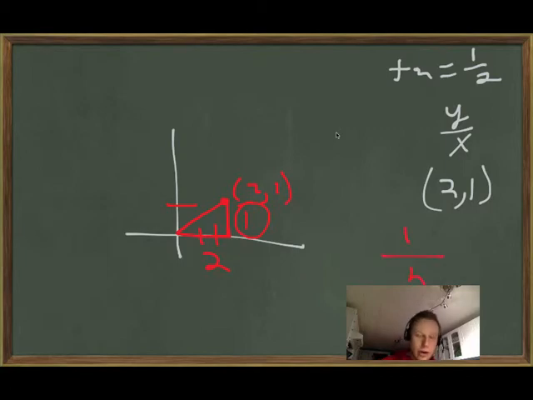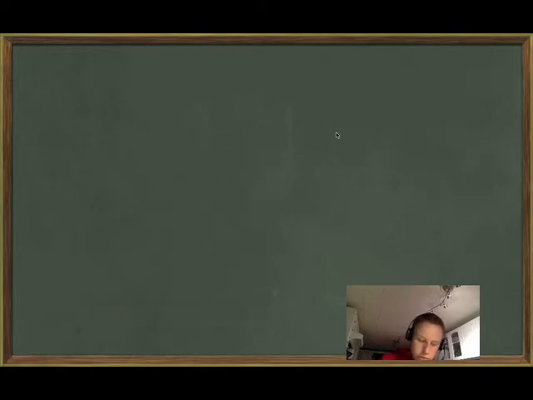To find our hypotenuse, we use a squared, which is 1 squared, plus b squared, which is 2 squared, equals c squared, our hypotenuse squared. 1 squared is 1, plus 4 equals h squared. So 5 equals h squared. Take the square root, so our hypotenuse is the square root of 5.